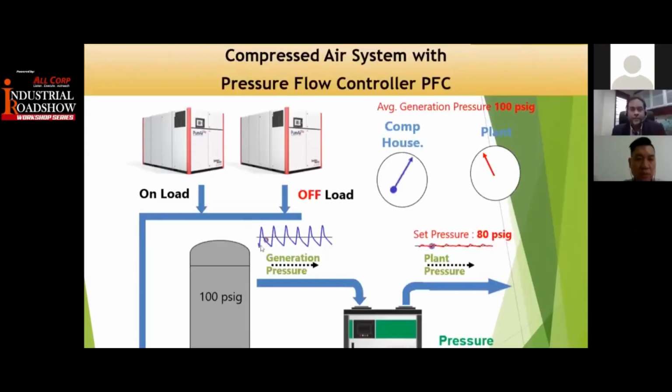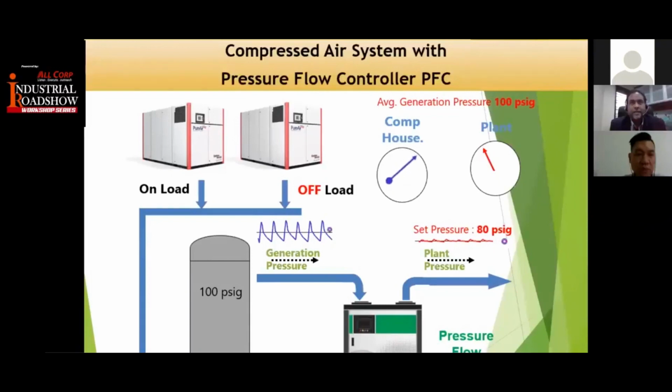Basically, you can use a flow controller if your pressure output is fluctuating so much like this. With the pressure controller, you'll have a steady 80 psi as required. This will give you a saving of roughly 10 to 15% in your compressor plant.